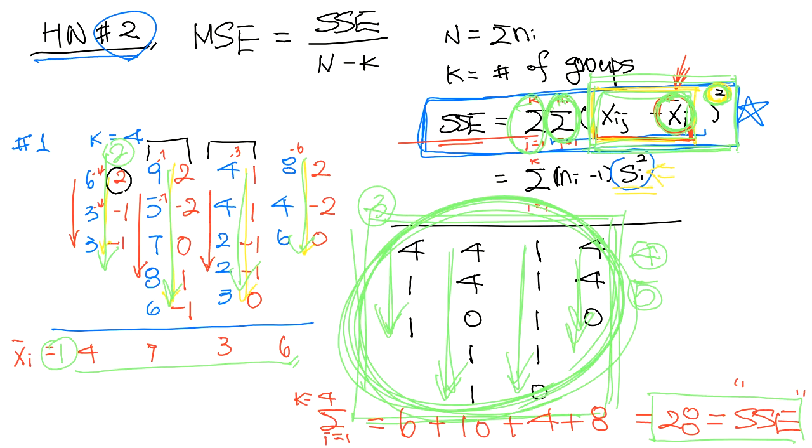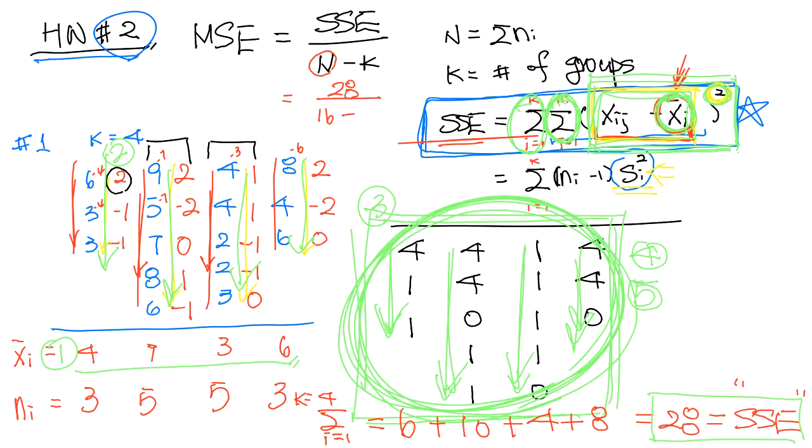So now SSE is 28. How many is big N? Let me take the small ni's. Here is a 3, that is a sample size actually, 5, 5, and another 3. That gives 16. 16 is the total number of cases.